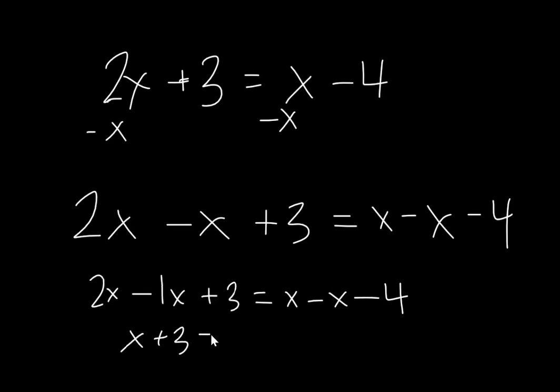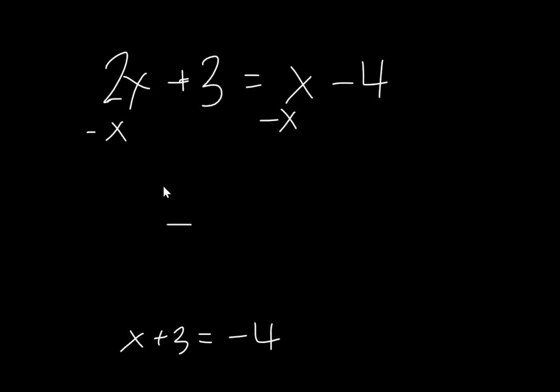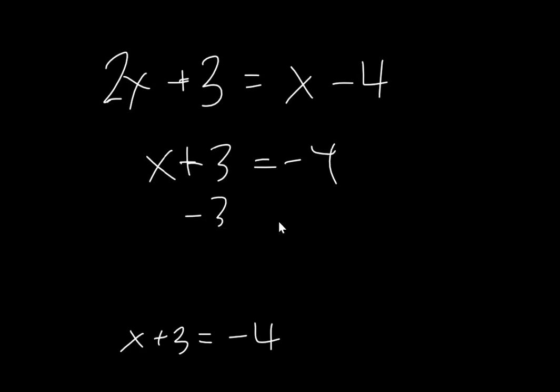Plus 3 is equal to negative 4. Subtract 3 from both sides, we get x is equal to negative 7.